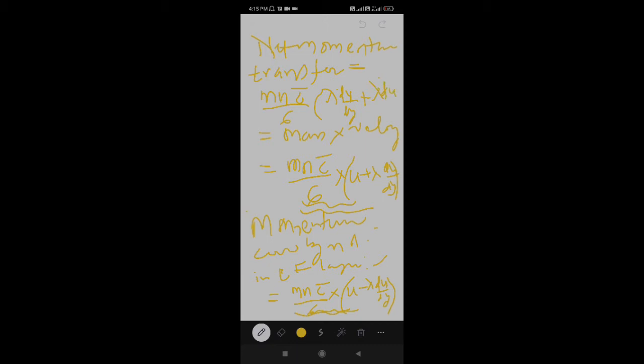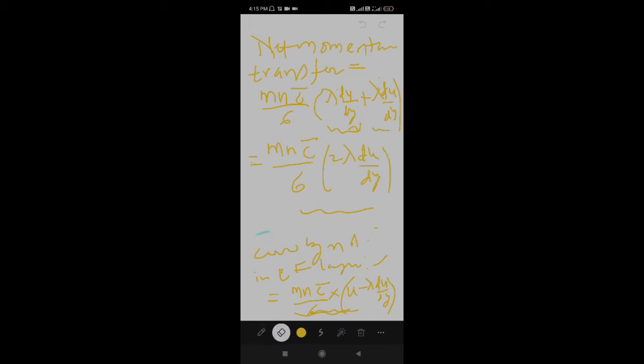Write down all these things on a paper neatly. So what is the net momentum transfer? Net momentum change by subtracting these two momentum transfers is m n c bar by 6. Same terms are there with plus sign, so 2 times lambda du by dy.